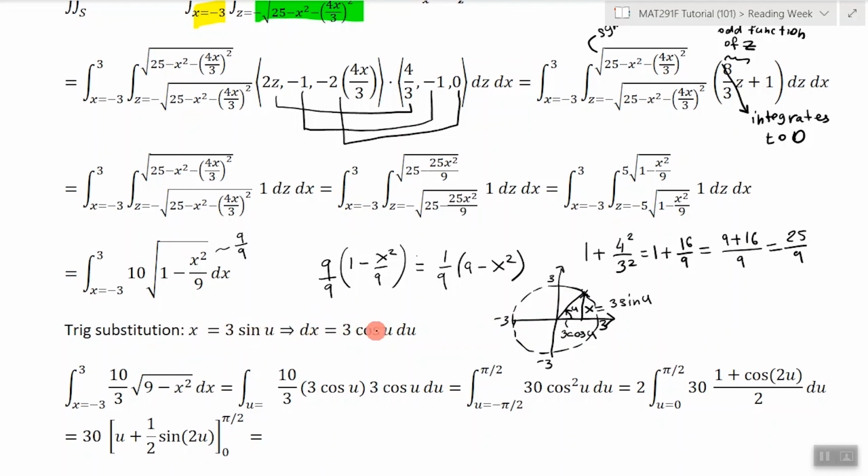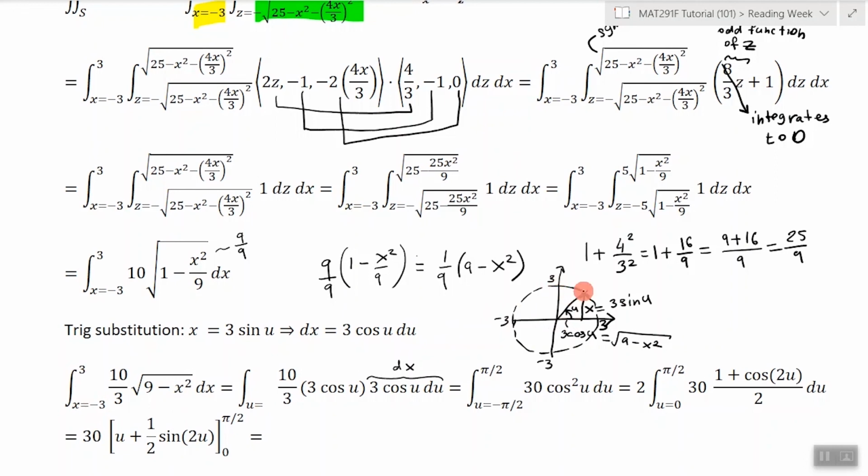dx is equal to 3 cosine u du. This is how I got this guy. This is my dx. This 3 cosine u is what I got from here, as I just discussed, because this guy is equal to the square root of 9 minus x squared just by looking at this triangle. And then the limits on u would be like this. x goes between -3 and 3.